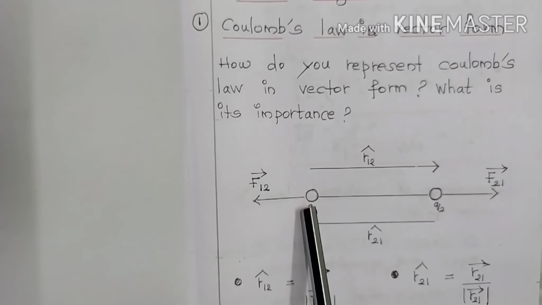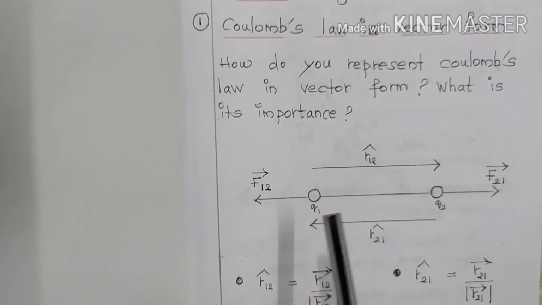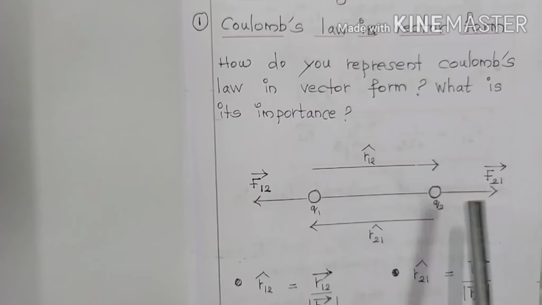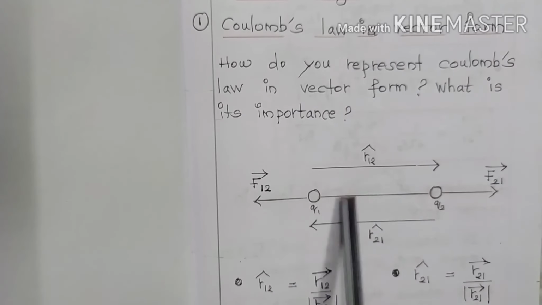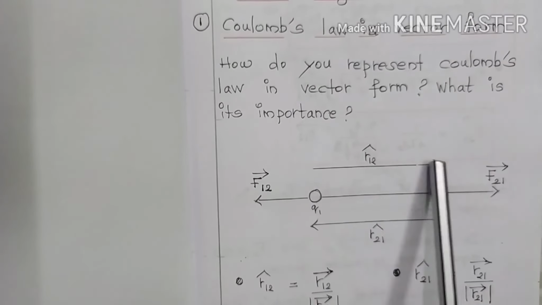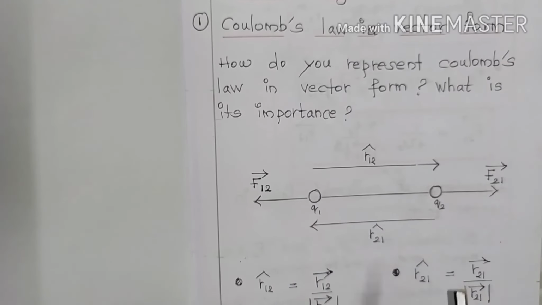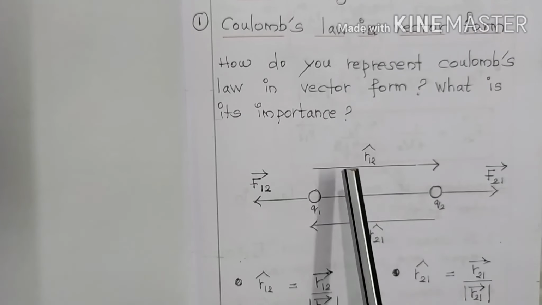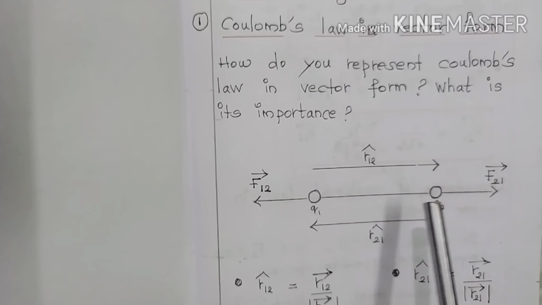Here there are 2 point charges Q1 and Q2. This is the distance in between them and the unit vectors are written like this. There is a notation by which the unit vectors are written. Now let us see how it is written.